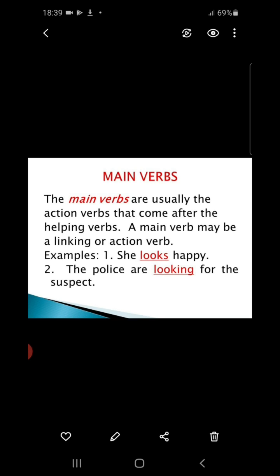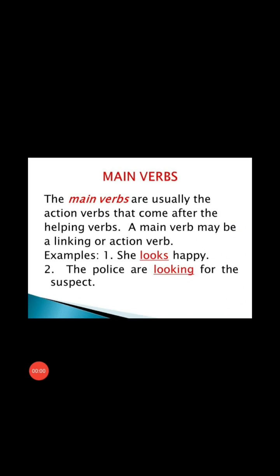In fact, they are able to stand alone and help the whole sentence or different kinds of sentences to render specific meanings of their own. A main verb may be a linking or action verb.